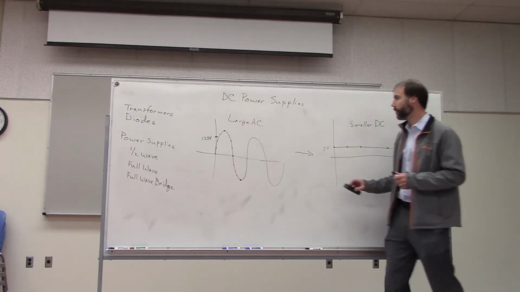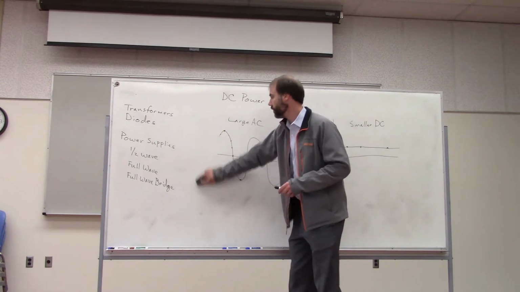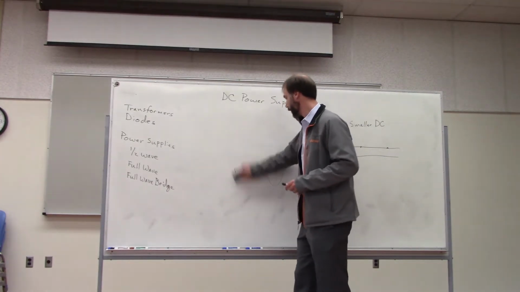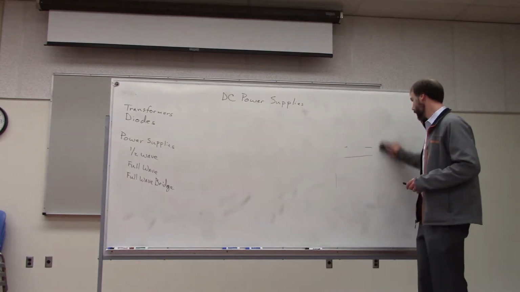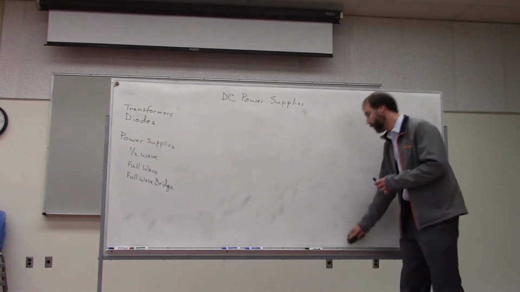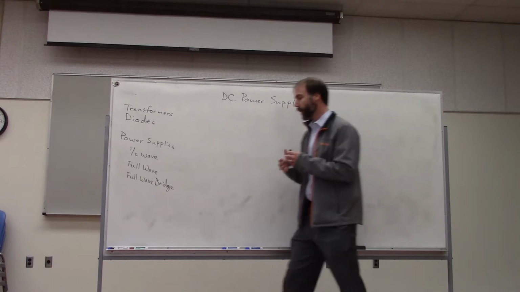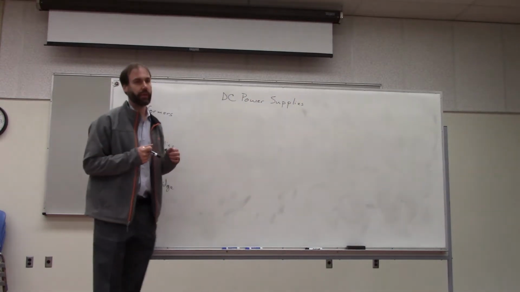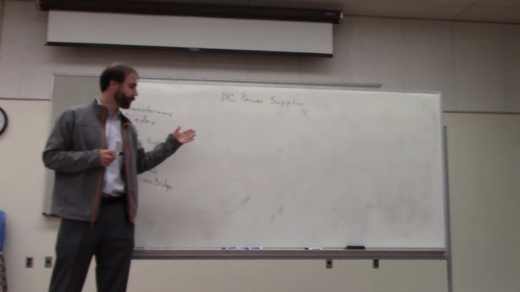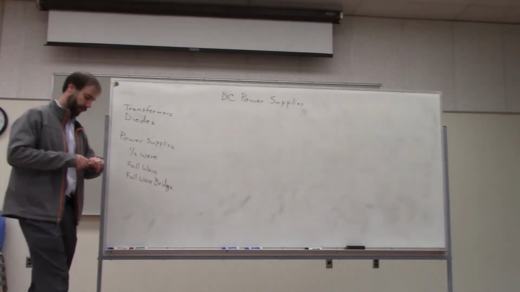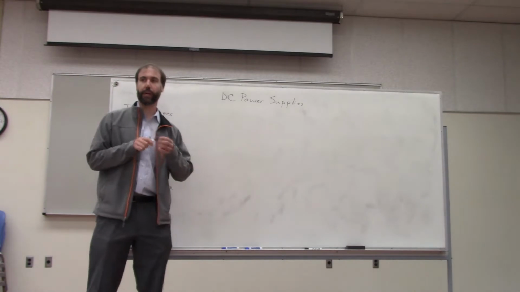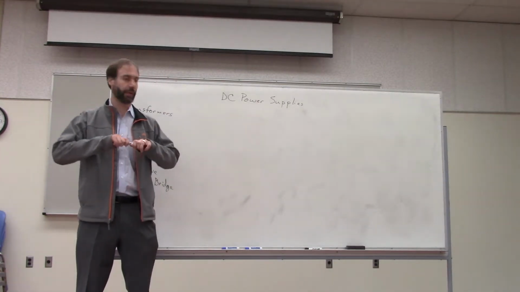So let me show you what I mean. So we're going to talk about the components, the basic building blocks that are in all power supplies. And then we'll talk about a couple of specific power supplies, namely these 3. And we'll talk about the specifics of how the components work for those 3. Okay?